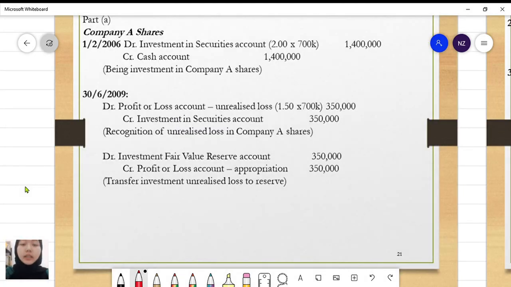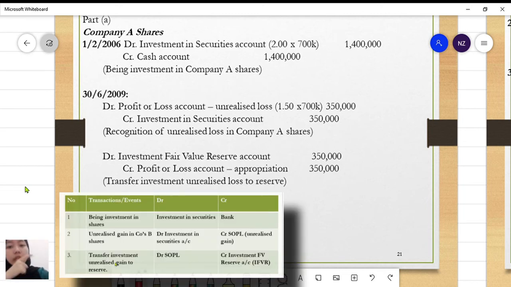If we look back at the table of basic journal entries that we learned earlier, we have recorded the investment in securities. And now we need to record the unrealized gain or loss, isn't it? The unrealized gain, and also recording the reserve, transferring the gain to the reserve, we need to record at the end of the accounting period. Based on this question, the accounting period ends at 30 June.